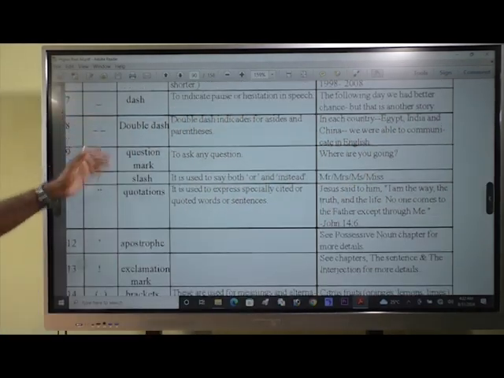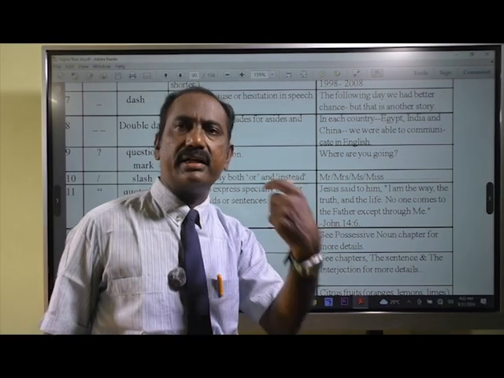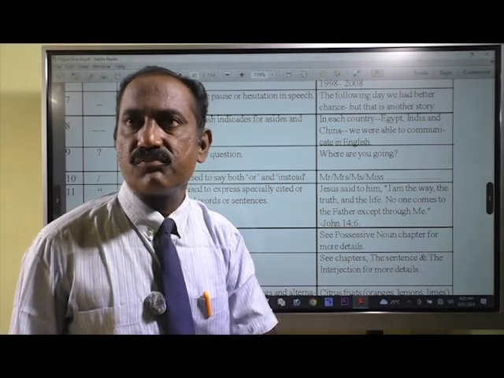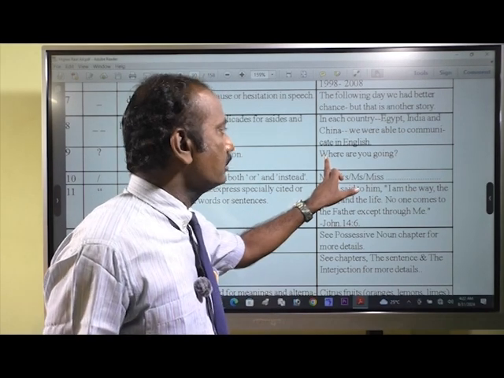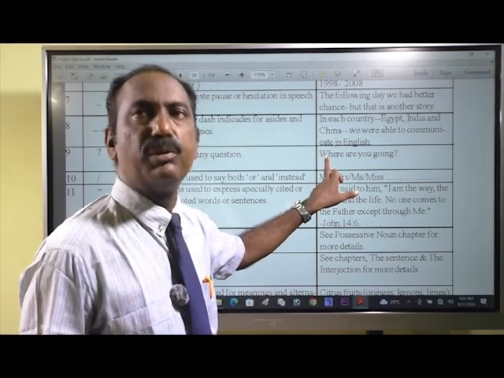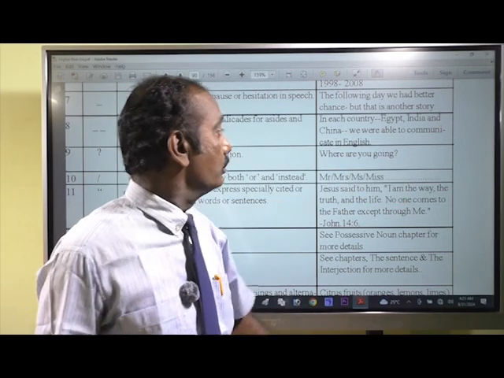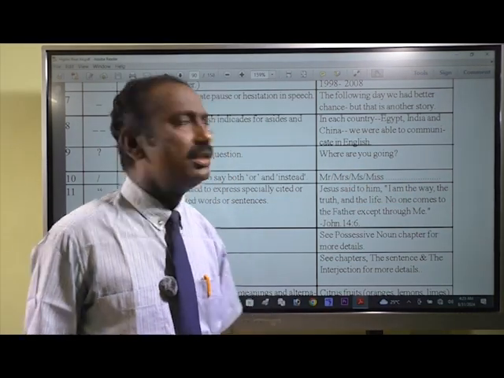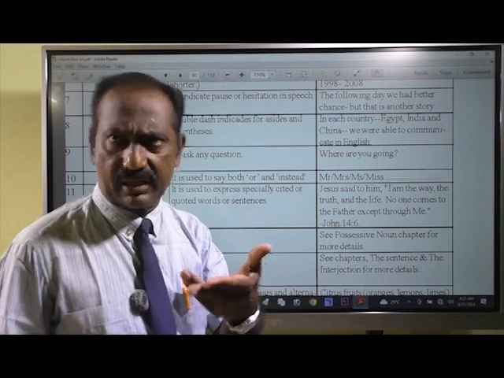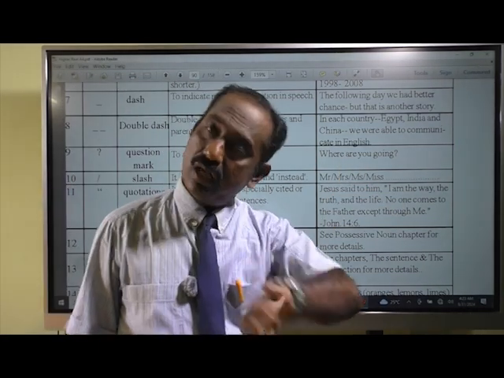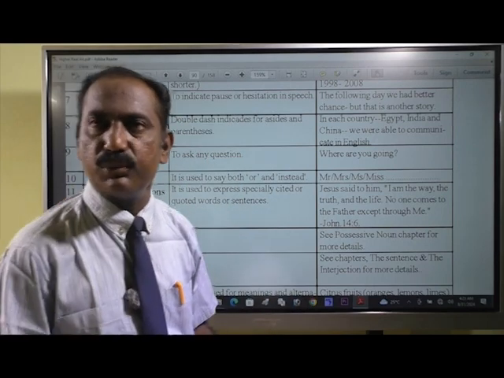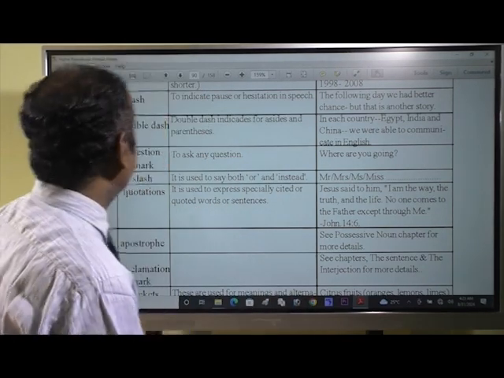In the same way, question mark: all interrogative sentences are used with question marks. They are called interrogative adjectives or WH questions. Who are you? Where are you going? Without where also we can make a question: are you going? Also a question. We can put a question mark at the end of the sentence.